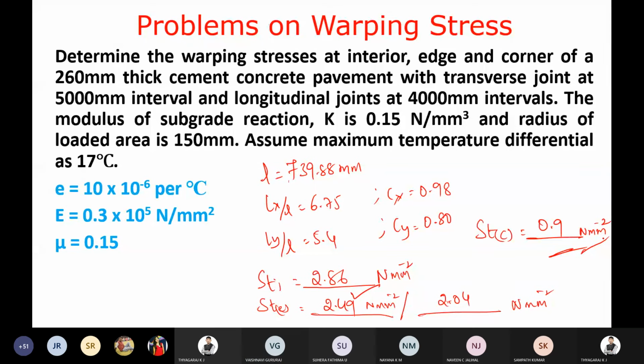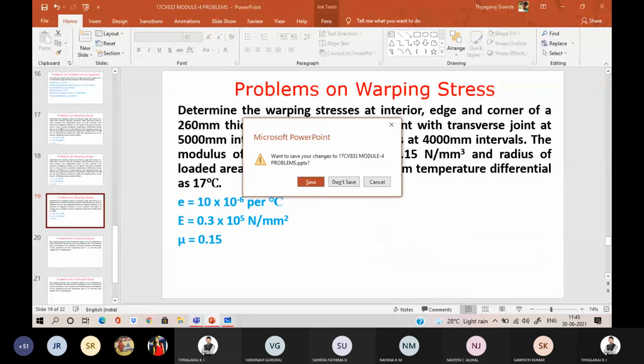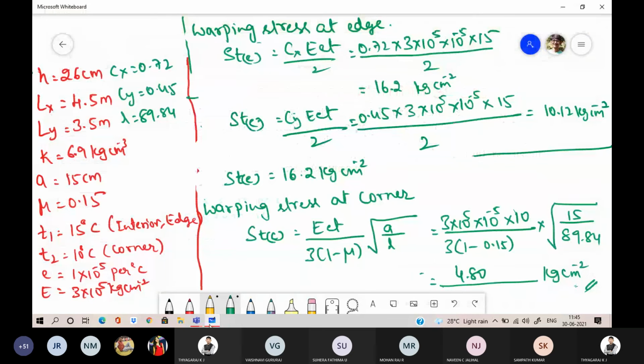Those are also failures, but you have to write two failures. The main headings are structural failure and functional failure of flexible pavement. If you have written both, it's okay.